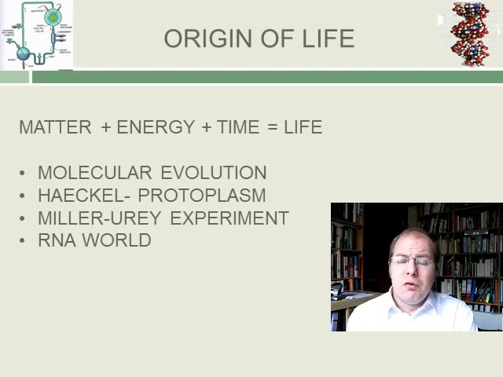Now, that branch of evolution which does seek to address the question is called chemical molecular evolution, and that is ultimately the belief that if you have matter and energy plus time, you will end up with biological life, or at least it is reasonable to believe that.